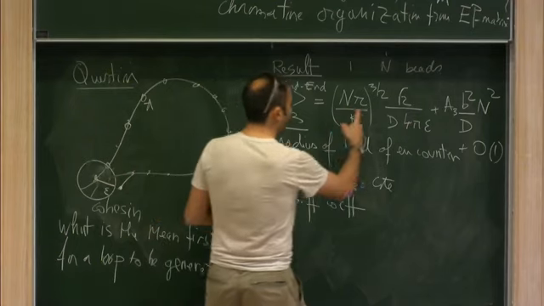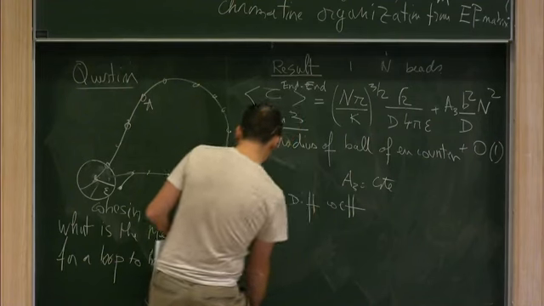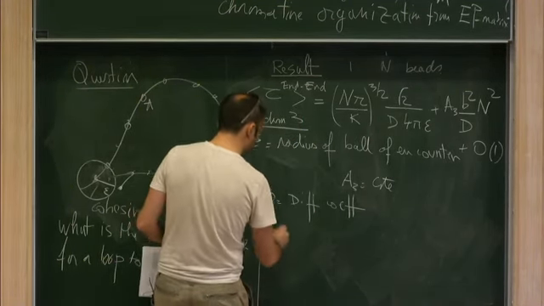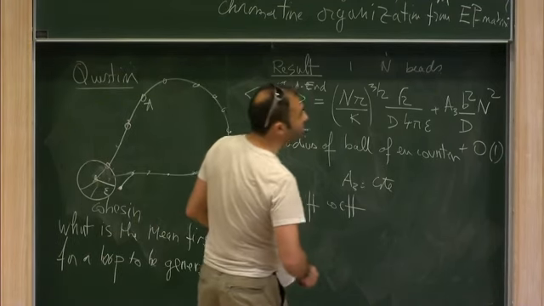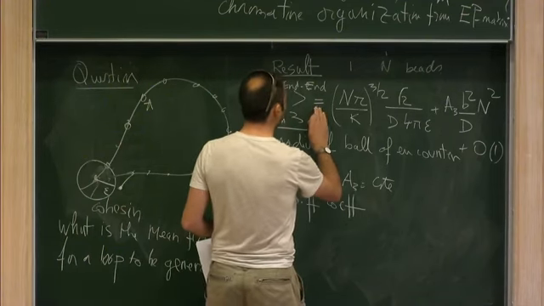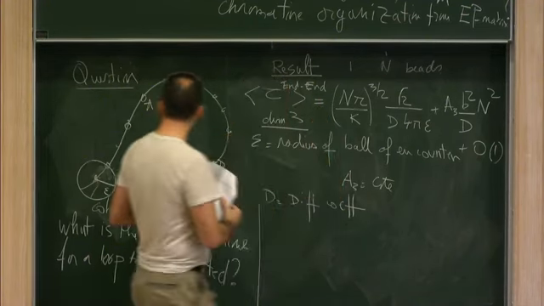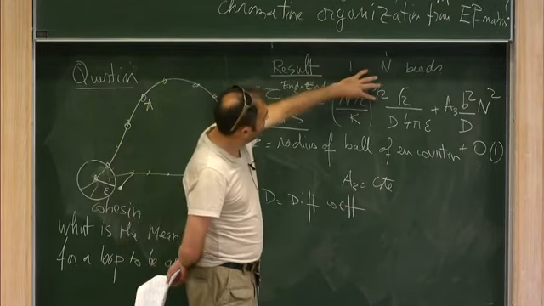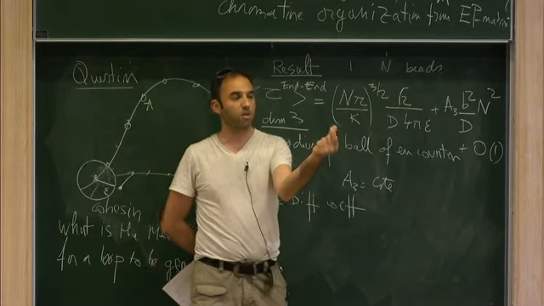All right, so to explain what kappa and b are, I need to say that this is calculated for what is called a Rouse polymer. So this is an asymptotic formula that explains how the looping time depends on N to the power 3/2. Kappa is like the spring constant.